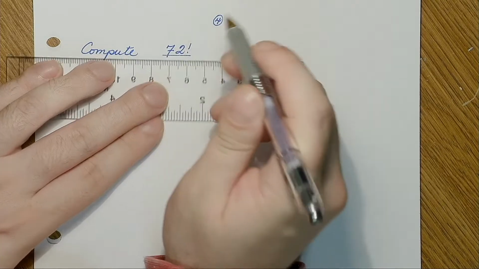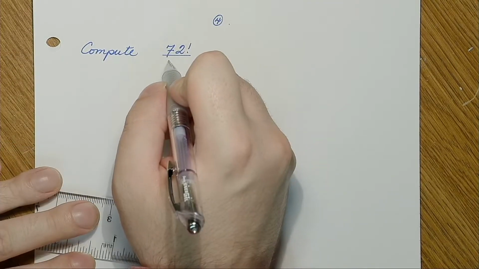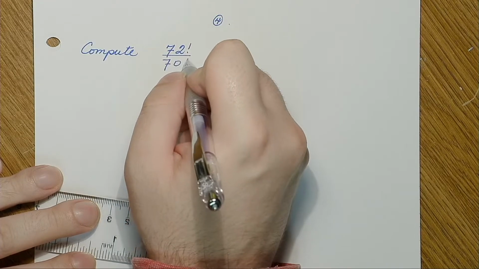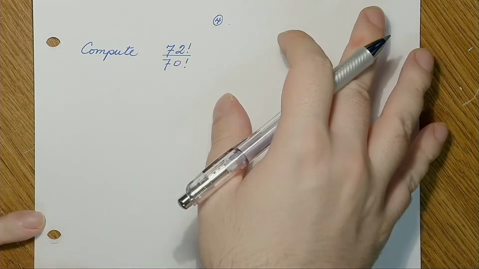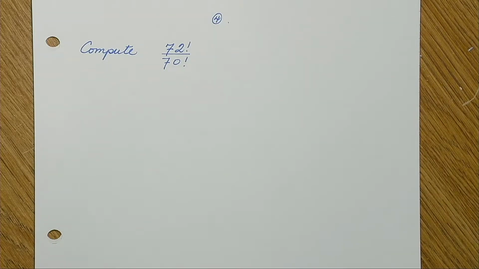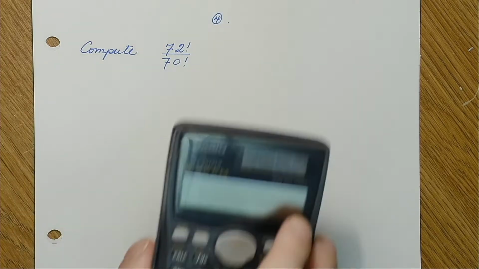We have 72 over 70 factorial. These are astronomically huge. And so, okay, you might go, well, I'm not going to bother to do 72 times 71 times all that, that's a lot of work.